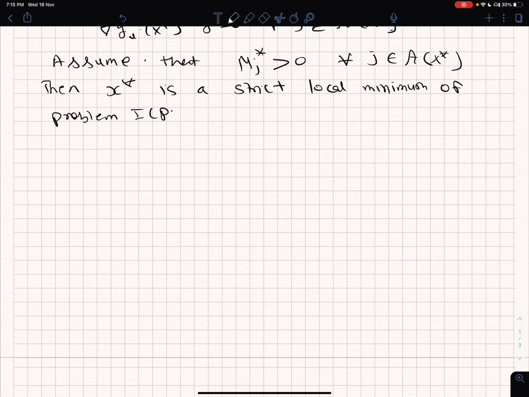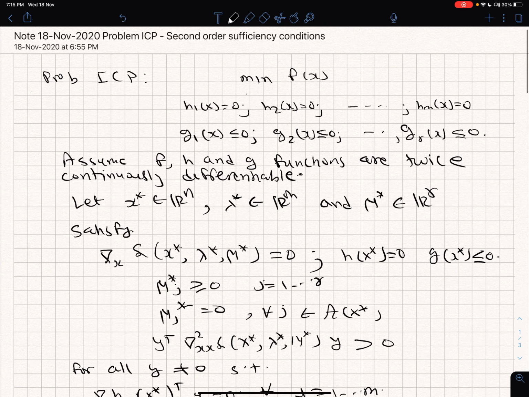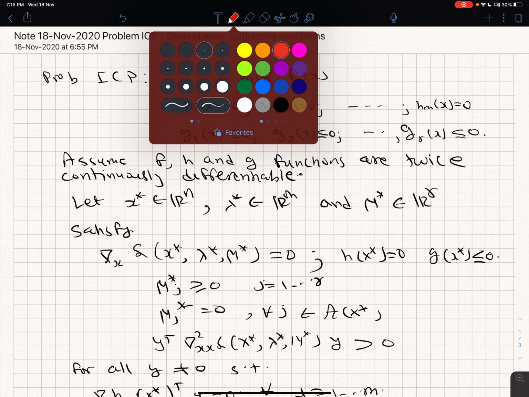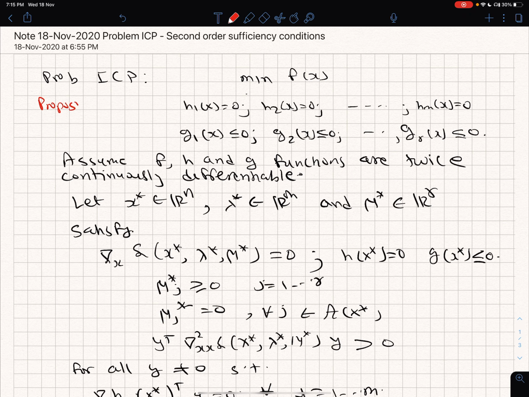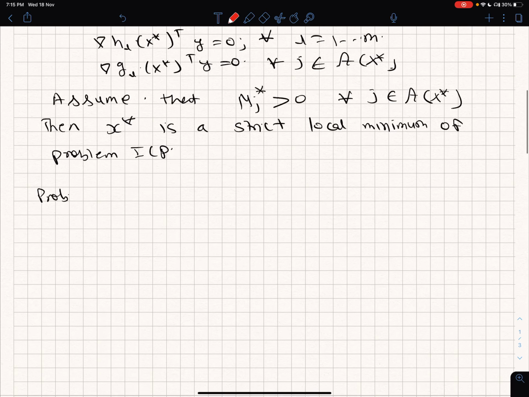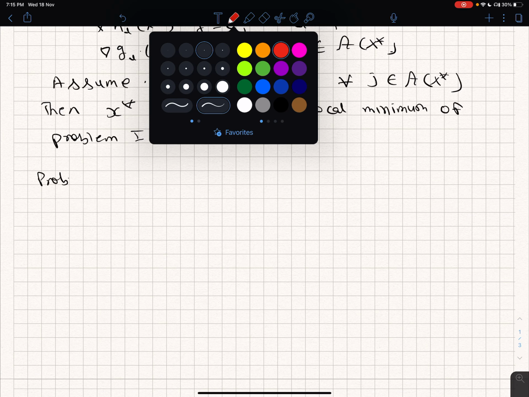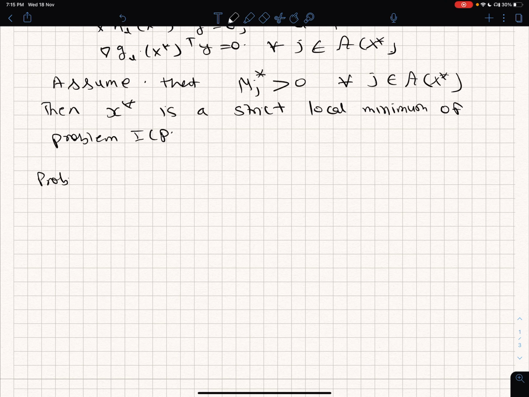So this is actually proposition 3.3.2 from Bertsekas, and the example I am now discussing is example 3.3.2, again from Bertsekas.